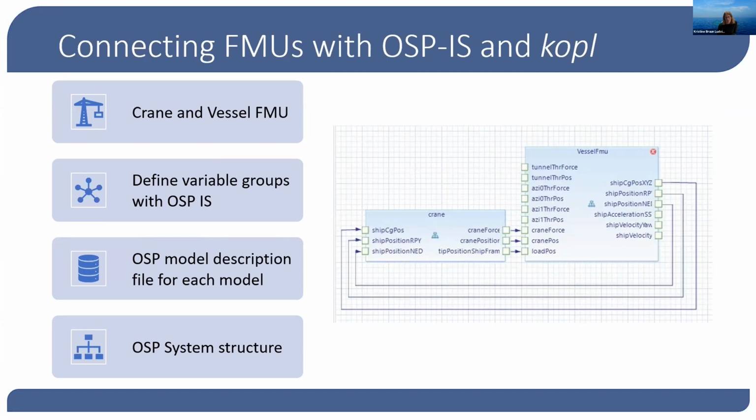It was quite time consuming to do this for the first time, having the models delivered from previous projects, doing this variable grouping and defining how the connections should look. But if you want to reuse the vessel FMU later in a different setting, or swap the crane with a different crane, this work should be much easier and less error prone when you have fewer connections to work with.